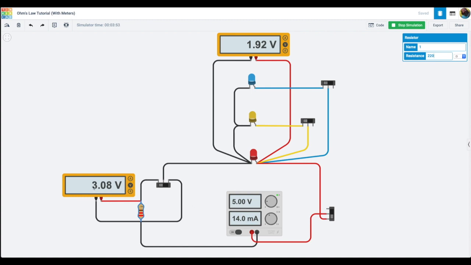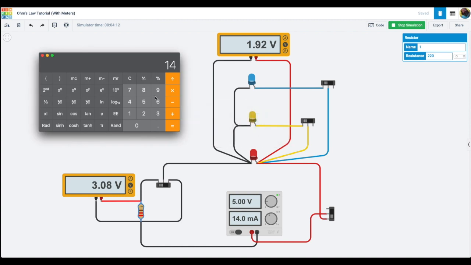We need to take the voltage, which we know is 3 volts. Actually, we need to take 5 volts and divide it by this resistor. Well, we don't know what the resistor is, so we have to take voltage divided by current, and that'll give us the resistance. So let me go back to my calculator, take 5 volts, which is what we're applying, and divide it by 20 milliamps.